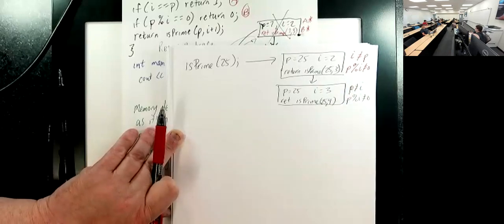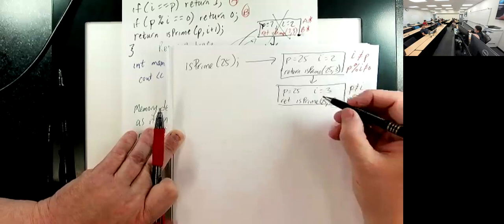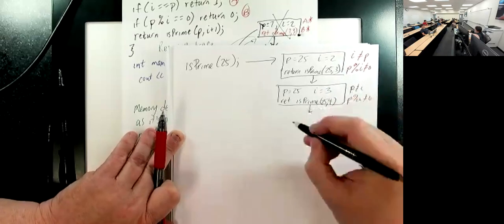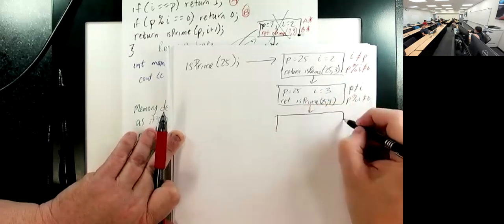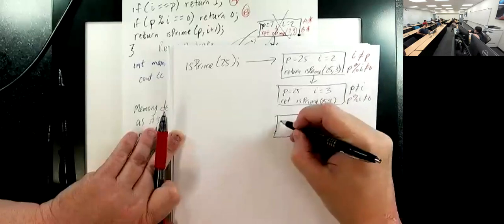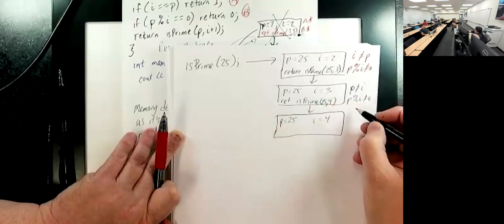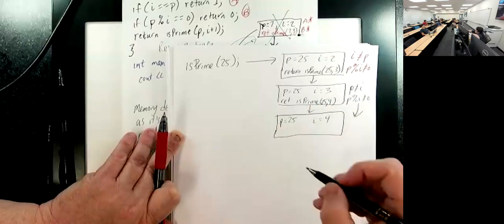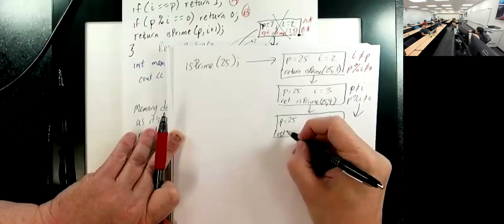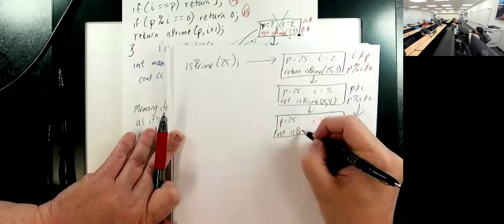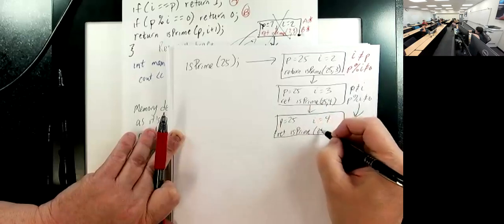And when you're doing these, it starts getting repetitive. p equals 25, i equals 4. Again, that holds true. So we will return is prime 25 and 5.